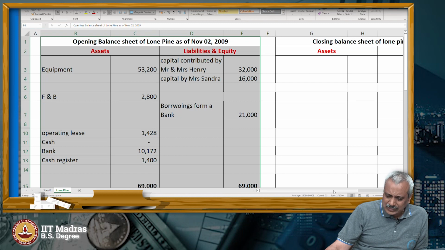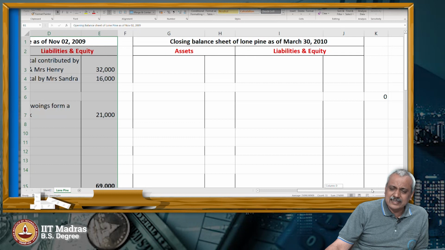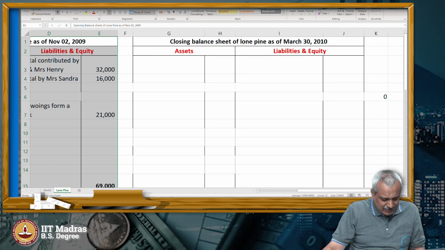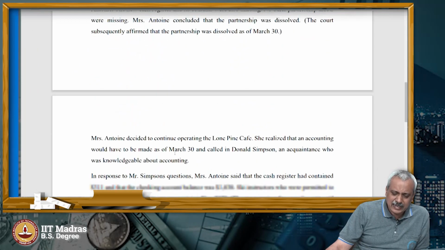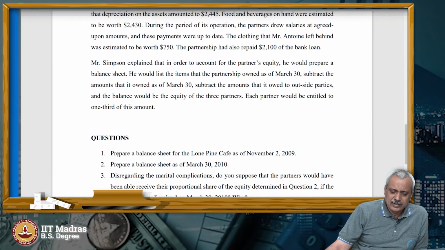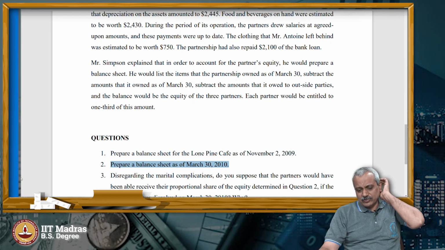Now what I want you guys to try is this second question. If you actually see the case, the case talks about preparing a balance sheet of Lone Pine Cafe on November 2nd. We have done this. Now prepare a balance sheet as of March 30th, 2010.